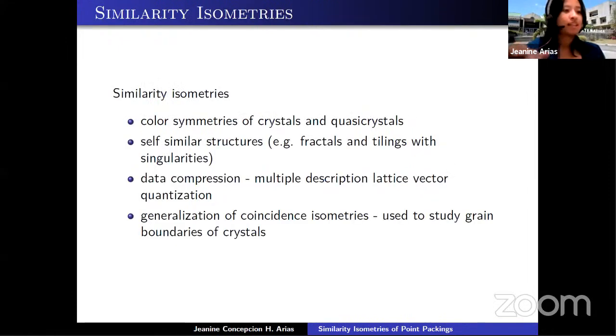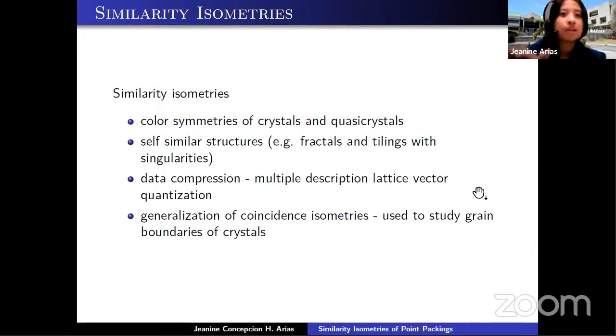Similarity isometries have applications in crystallography, particularly in the study of color symmetries of crystals and quasicrystals, and self-similar structures like fractals and tilings with singularities. They were also used in the field of data compression in the design of multiple description lattice vector quantization.